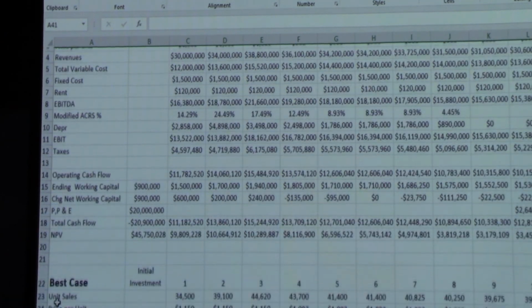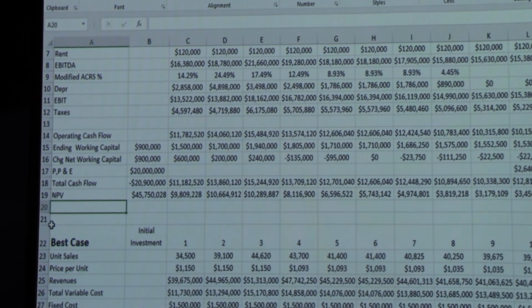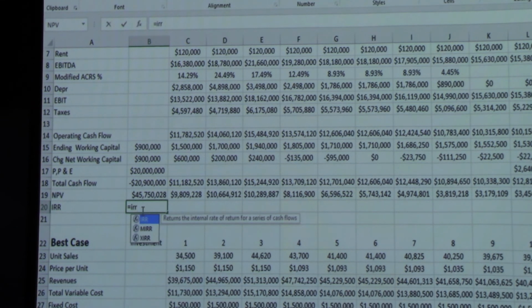And let's say, so, the internal rate of return, okay, equals IRR. And we're going to put these cash flows.